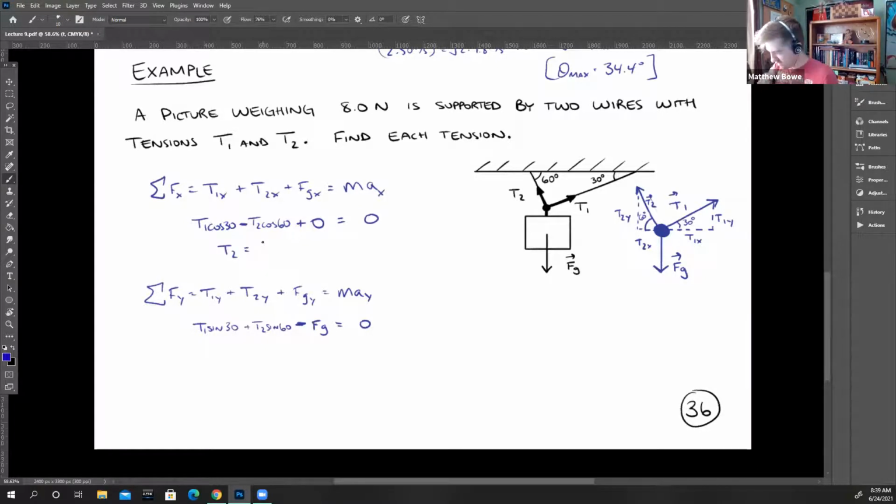What I mean is just rearranging this equation. T2 equals T1 times cosine of 30 over cosine of 60. So momentarily, that's what T2 equals. We've sort of solved for it just by moving it over to the other side of the equation. Now that we've solved for it right here, let's put it into this equation.